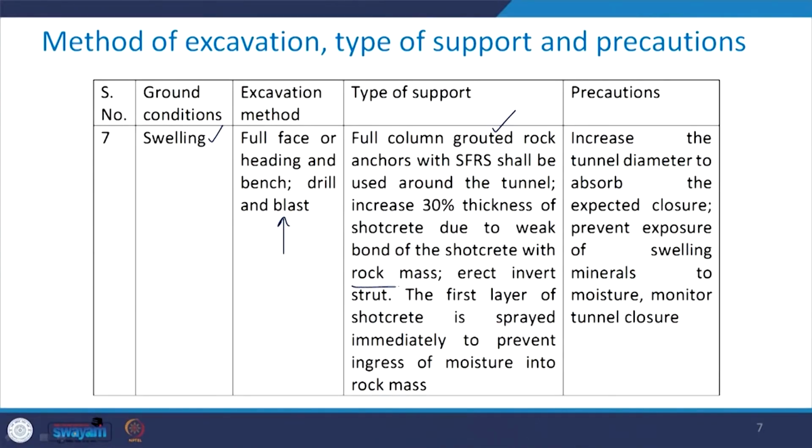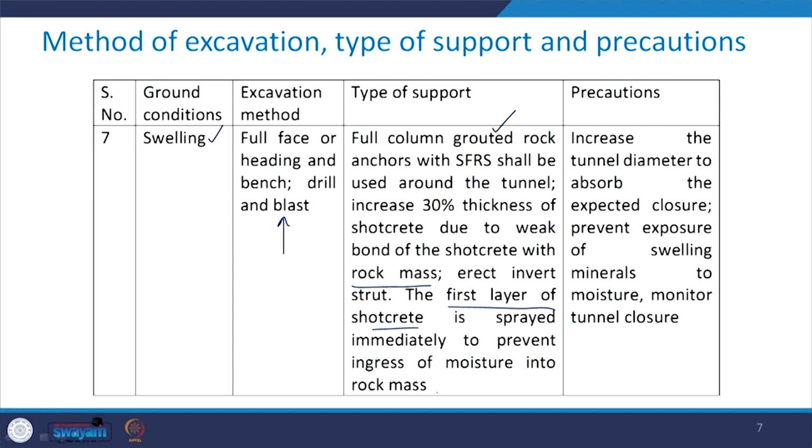One needs to increase the thickness of the shotcrete by 30% due to weak bond of the shotcrete with that of the rock mass. The first layer of the shotcrete is sprayed immediately to prevent the ingress of moisture into the rock mass.